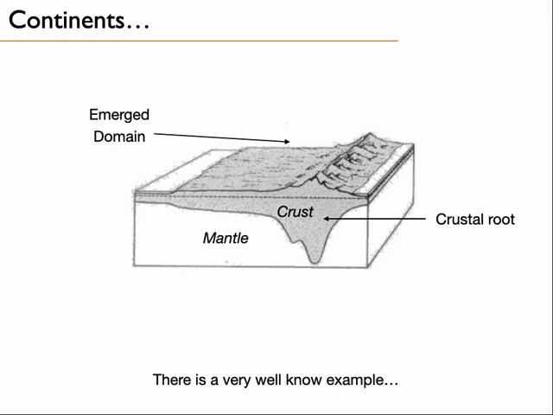So now let's think about the continents on which we would have an orogeny. So we have an emerged domain here above the seawater level with mountains, and below we have mantle and crust with the thickness of the crust that can vary.